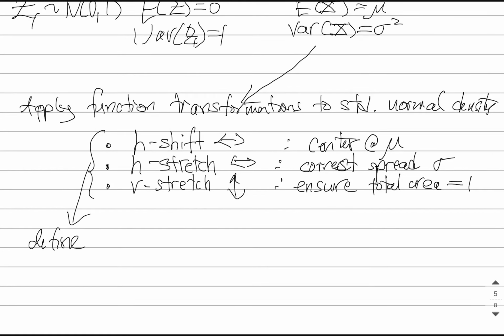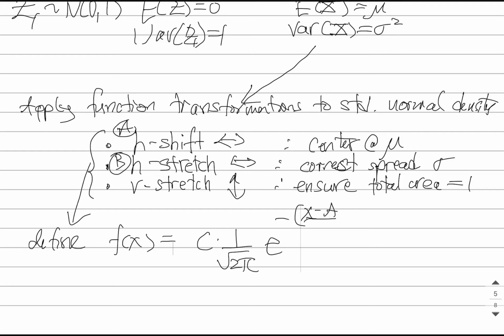So it turns out that we are going to define a new density related to the standard normal in the following way. We will apply a vertical stretch, we'll call it C, to the existing standard normal density. A horizontal shift, we'll call this A. We'll call B the horizontal stretch.